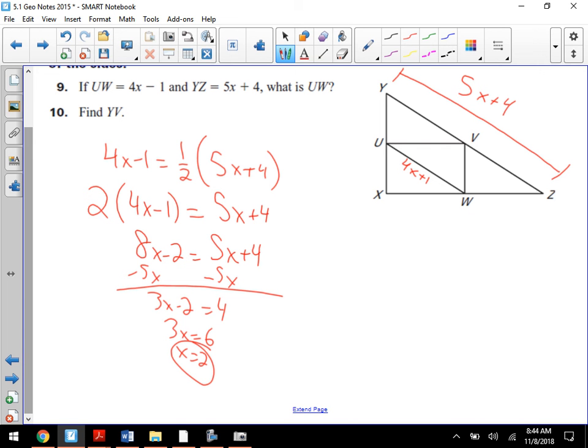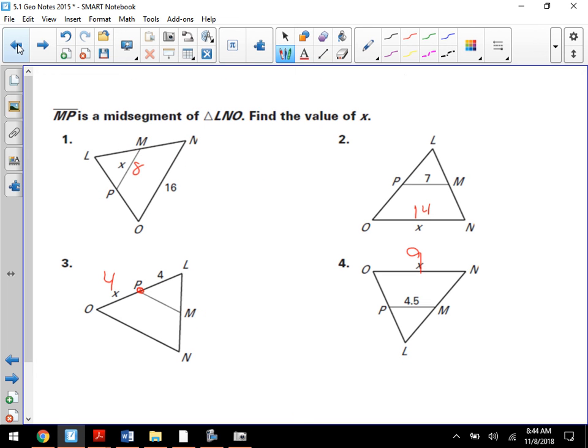If I'm doing algebra, I'm always going to double the mid-segment because I don't want to deal with decimals or fractions. But when we were doing the stuff with numbers, I know that's just half of that. Cut it in half. This is a midpoint. I know I double it going the other way. Numerically, it really doesn't matter. Algebraically, I would always double my mid-segment to equal the other. That's really it.